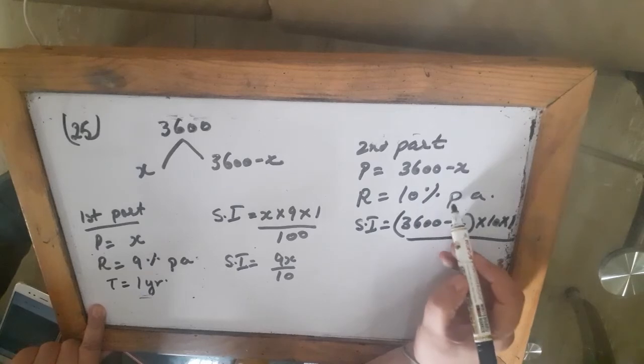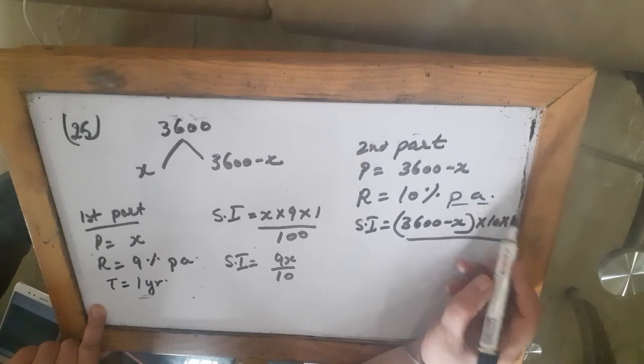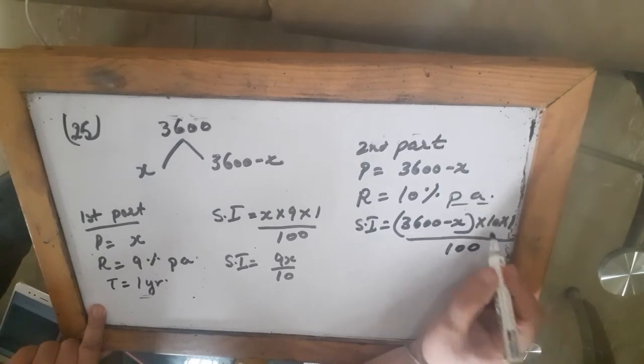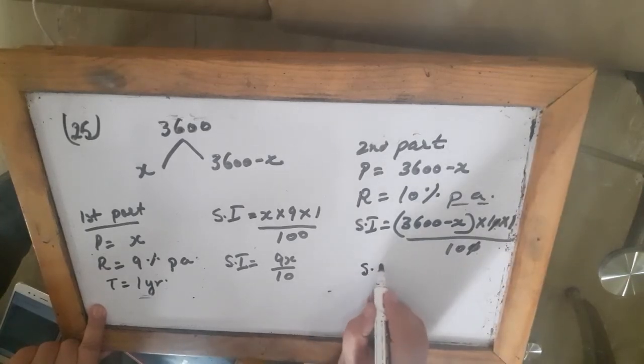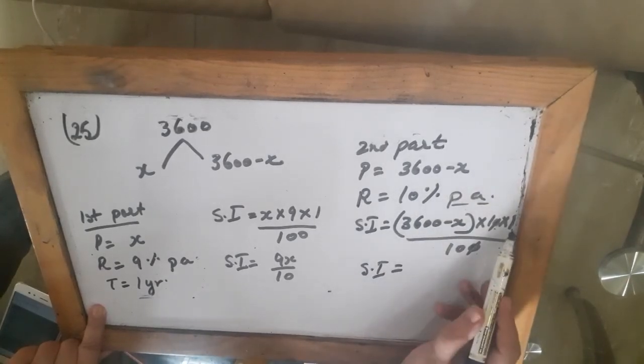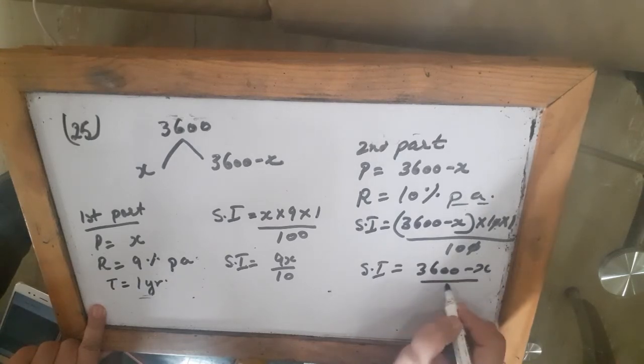Here also it's per annum, the number of years is not specified, so I will take the time as 1 year, upon 100. So this 0 and 0 get cancelled, and the simple interest for the second part will be 3600 minus x upon 10.